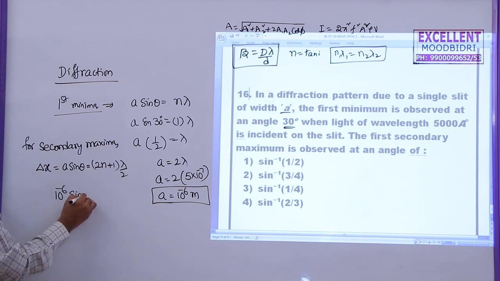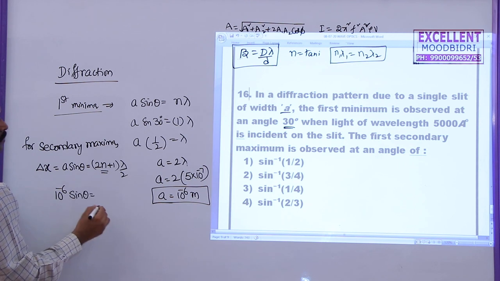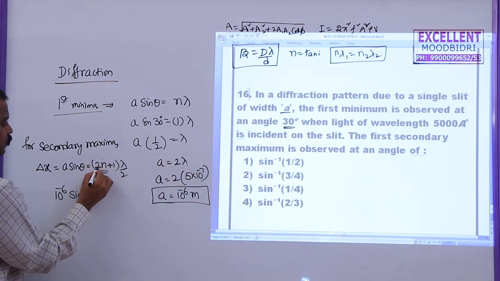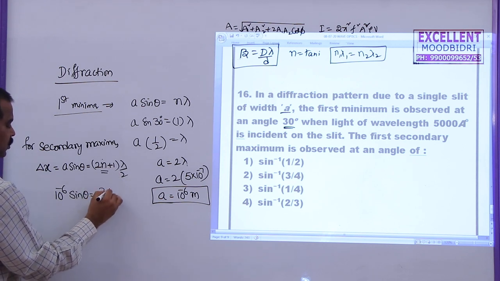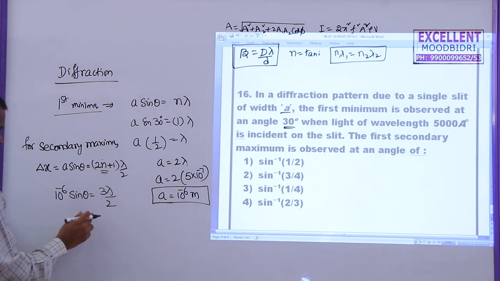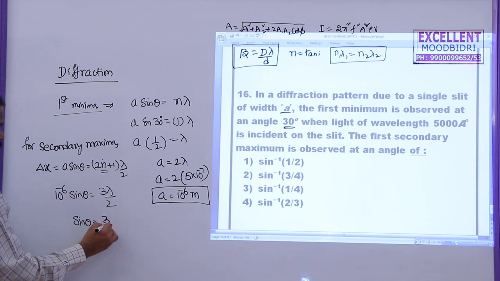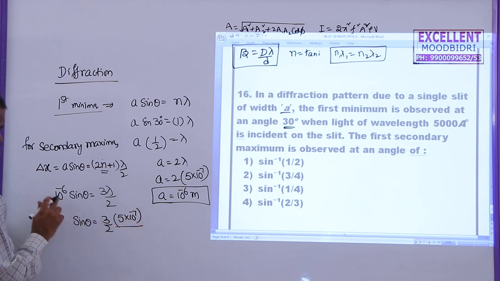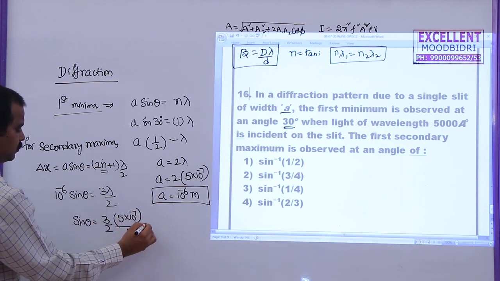This is sin theta we are finding. n is equal to first secondary maxima, so n is equal to 1. 2 ones are 2 plus 1, 3 lambda by 2. So this sin theta is given by 3 by 2 into lambda 5 into 10 power minus 7. This will become 10 power minus 6 here.